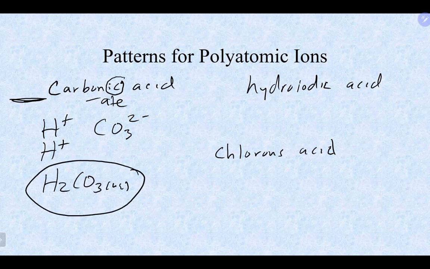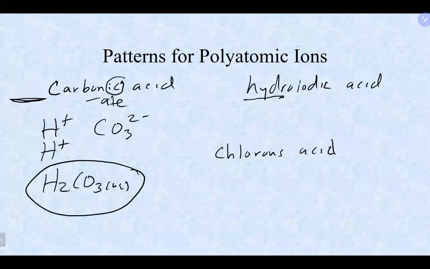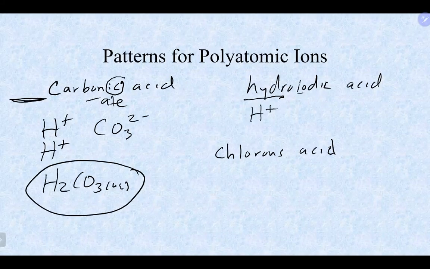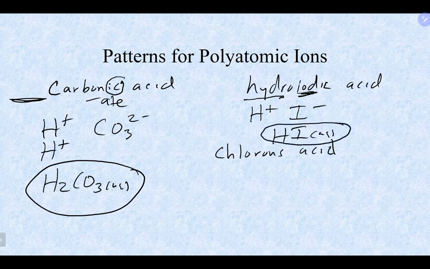When I look at the guy over here, this is hydro, which tells me it's an acid that does not have oxygen. So that's pretty much H plus, and iodine is I minus. So that would be HI when I put it back together. And lastly here, I see this with no hydro, which means it has oxygen.